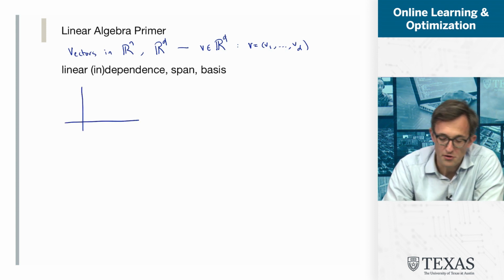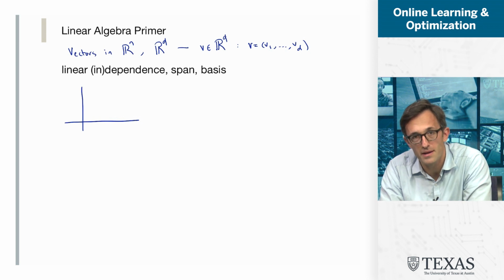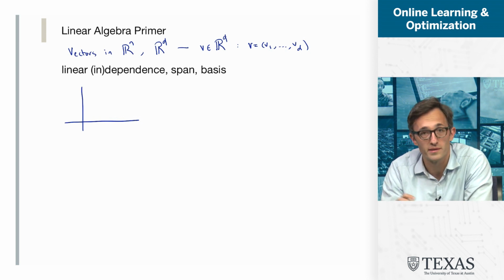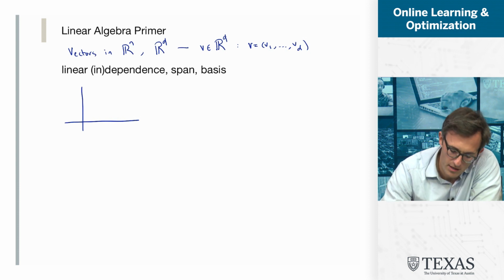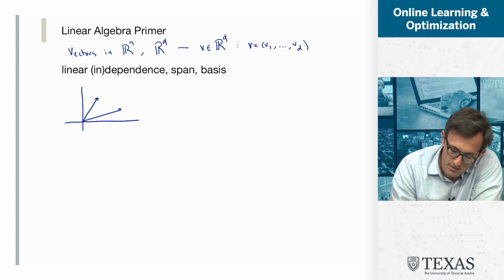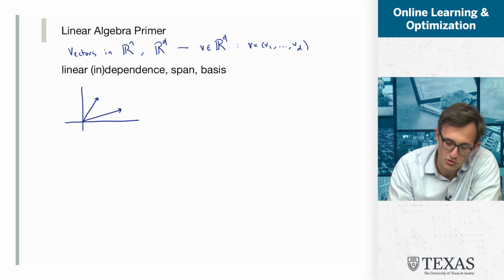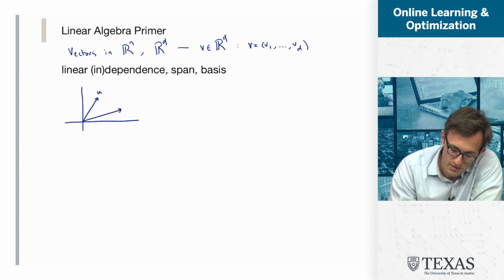Concepts of linear dependence, linear independence, span, and basis are very important, and they pervade much about what we're going to talk about. It's easy to illustrate these in two dimensions. Here are two vectors in R2, u and v.